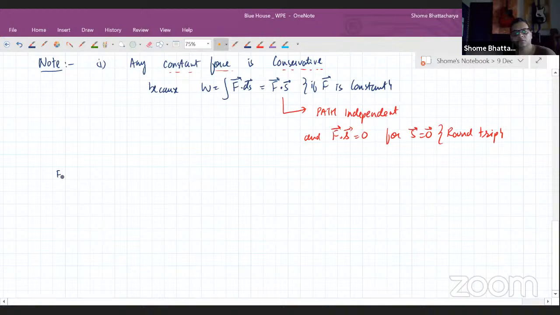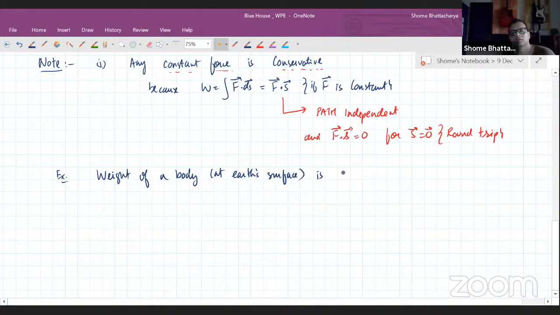So for example, the weight of a body at Earth's surface is a constant force. It is minus mg j cap. We take x and y axis like this.